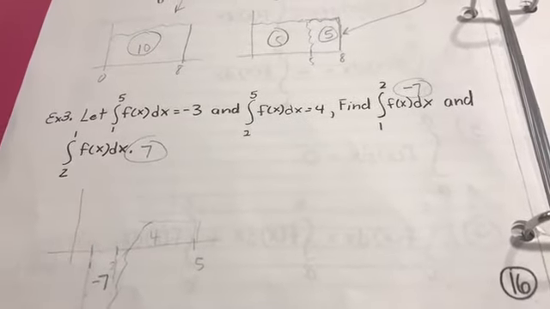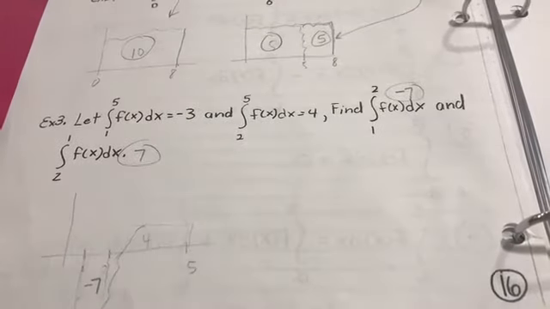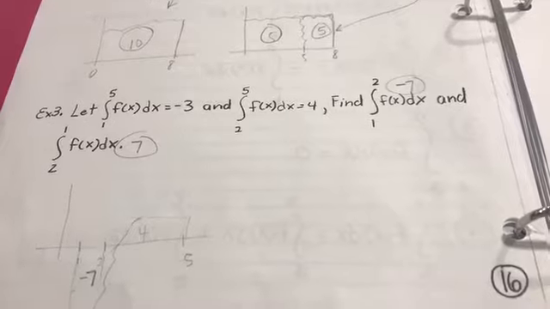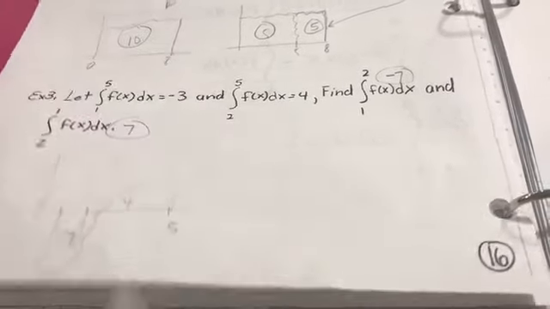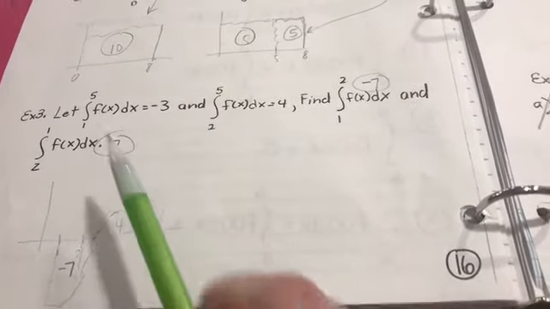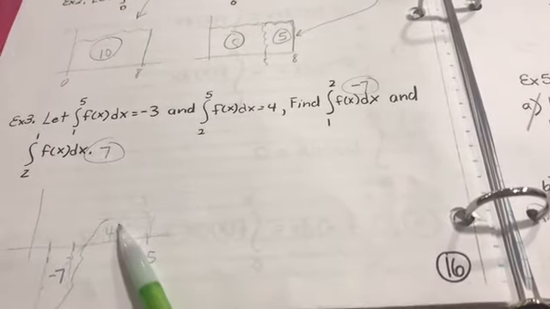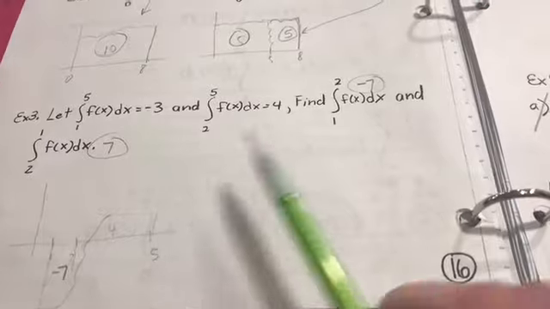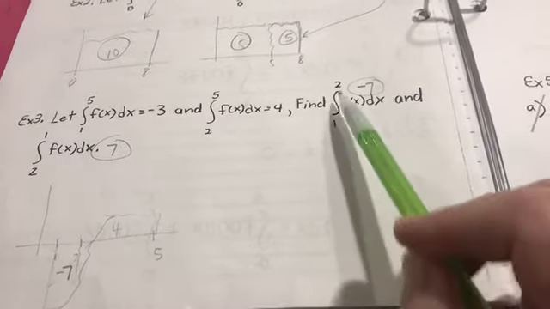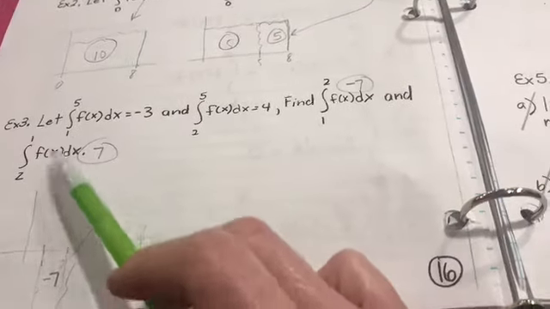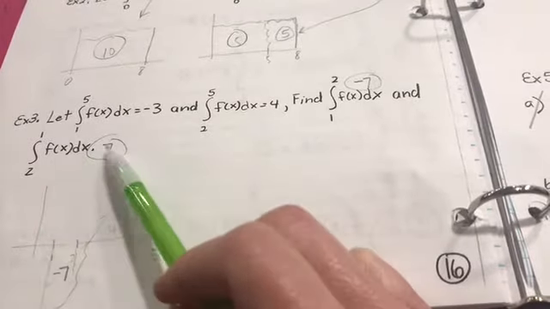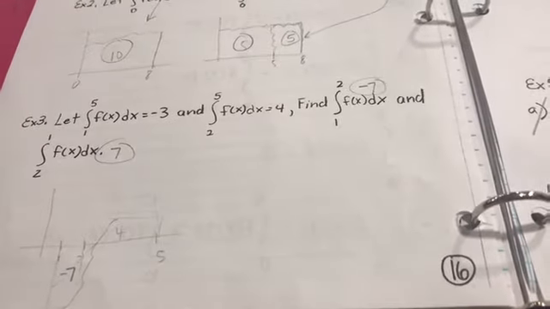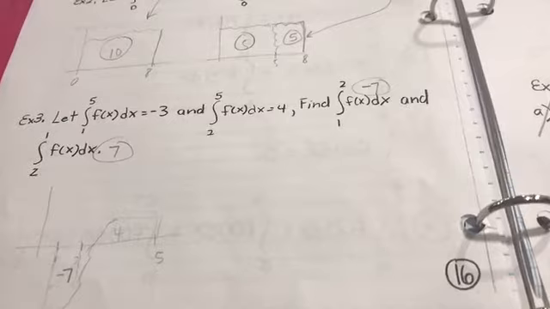Do you see how I got -7? Because if we know the whole thing from 1 to 5 is -3, and we know this part is 4, this part must be -7. And then we learned in the rule, if we know from 1 to 2 is -7, if they do it backwards from 2 to 1, it's just the opposite answer. So you write it as positive 7.